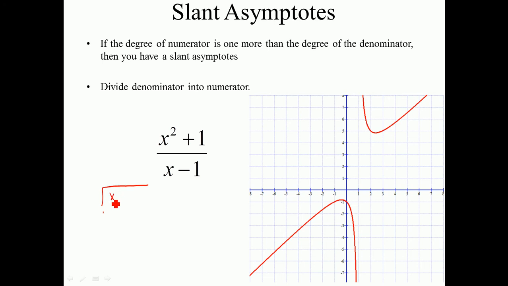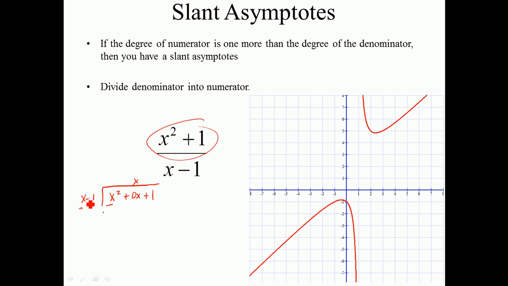That is x squared plus 1 over x minus 1. Since this is x squared plus 1, I'm missing a term, so let me put my term in there, 0x, and I can divide. x squared divided by x is just going to give you x.